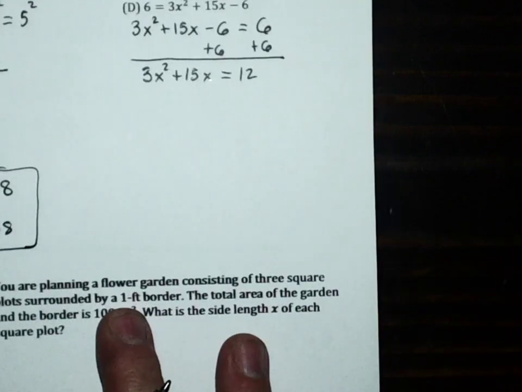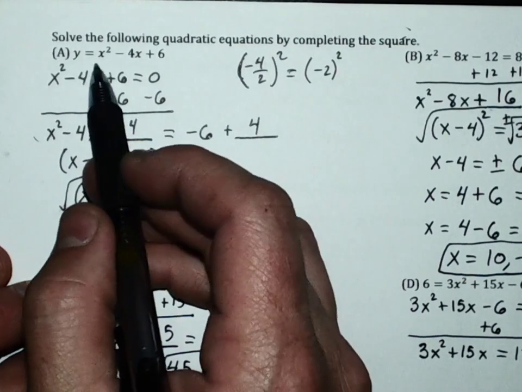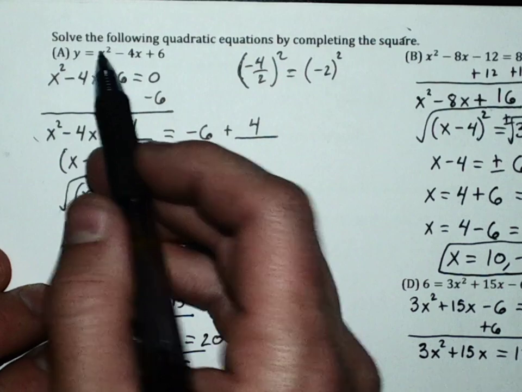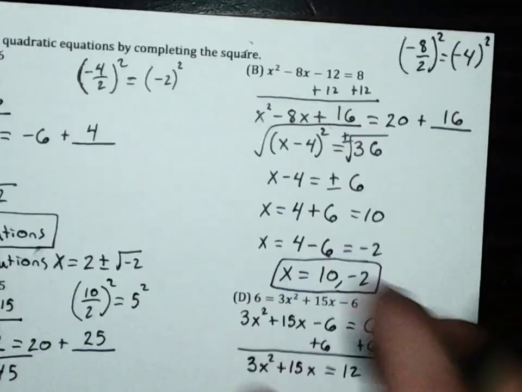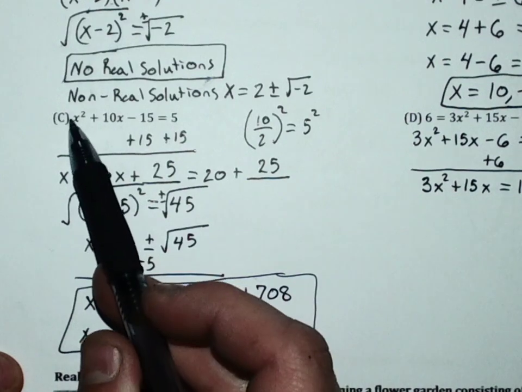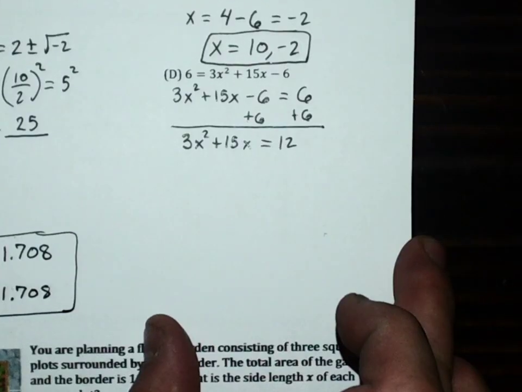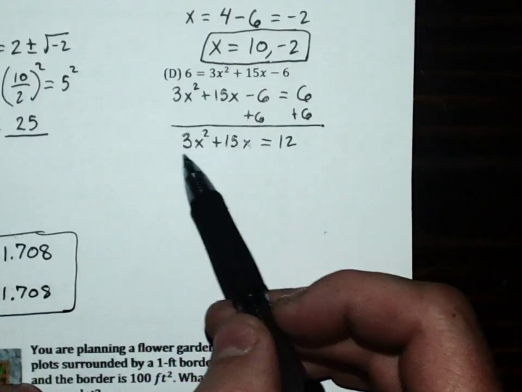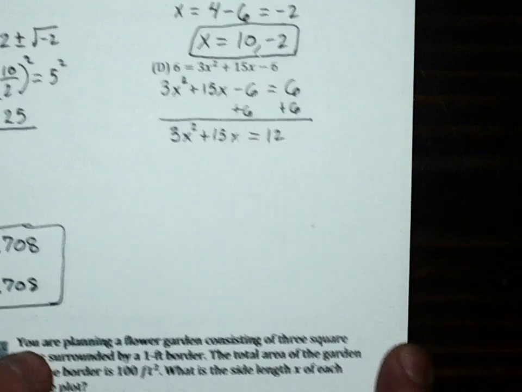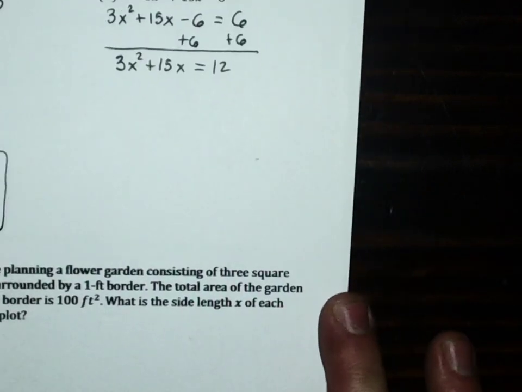If you look back on all the other ones we have had so far, the coefficient of our quadratic term was 1. Now the coefficient of the quadratic term is 3. How do I deal with the 3?